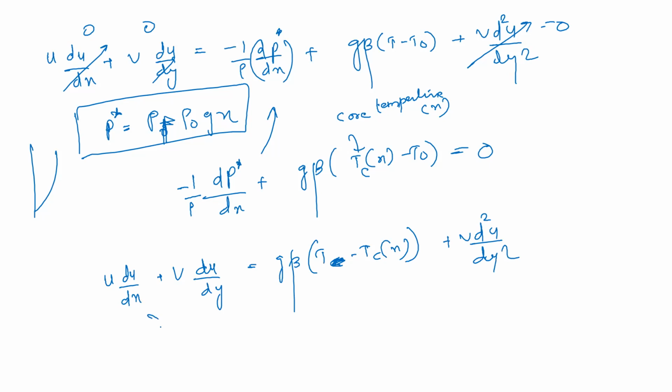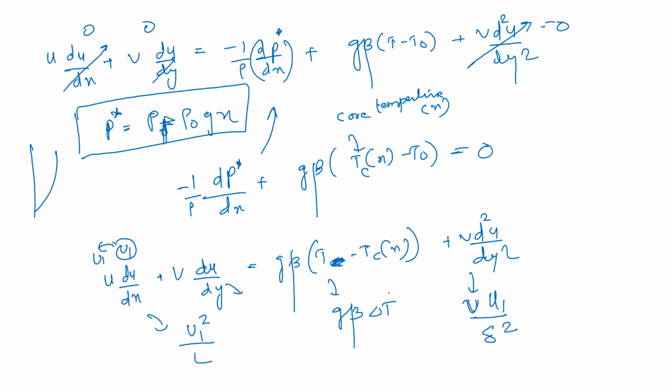So here also we will do the order of magnitude analysis. Then U1 square by L, because this is in the boundary layer and this is of the order U1. So U1 into U1, U1 square by L, and this is actually negligible. And this becomes g beta delta T. And this becomes mu into U1 by delta square. Okay, so this can be combined.